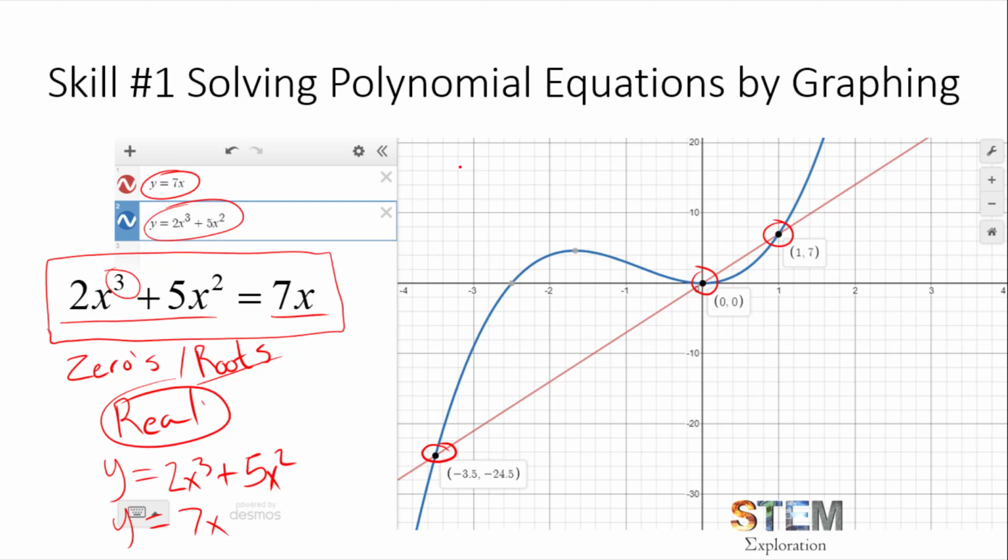So if x equals negative 3.5, then both y's will be the same, as you can see by the two functions or the two systems of equations intersecting. If x equals 0, both sides will also be the same, and if x equals 1, they would all be the same.